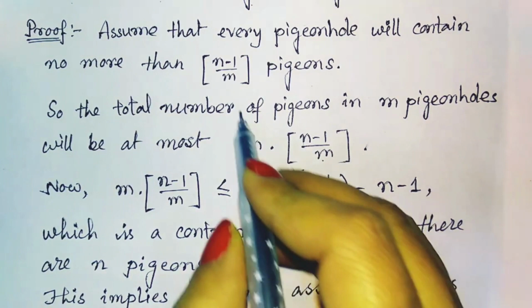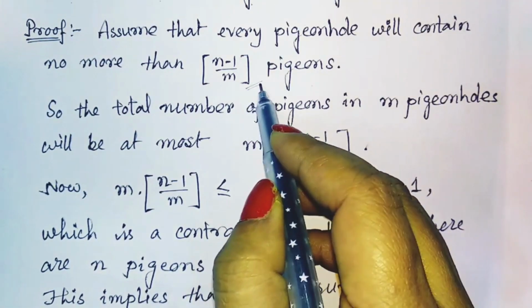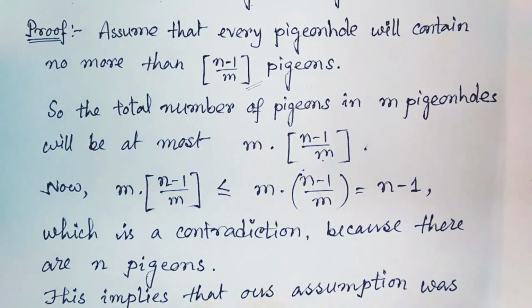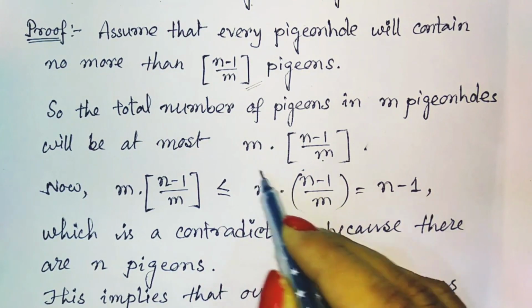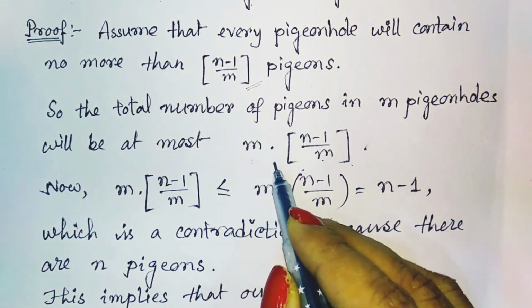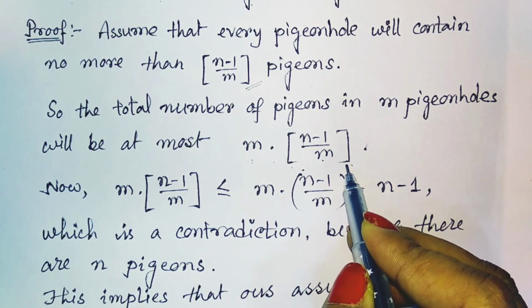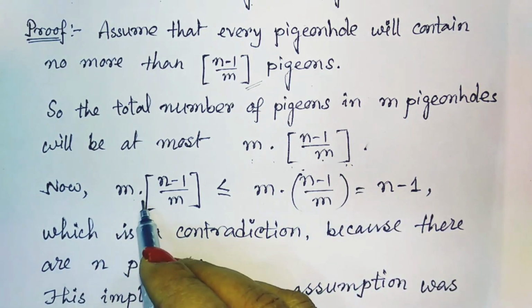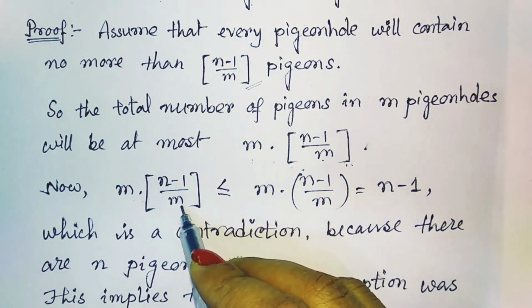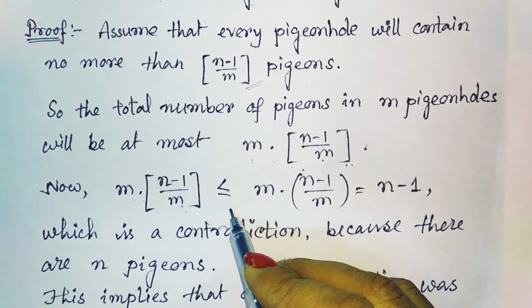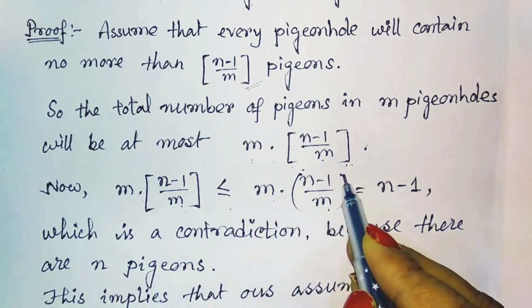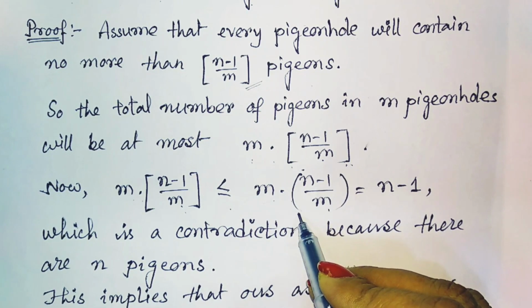This is the number of pigeons for each hole, and since m holes are there, the total number of pigeons should be m into the number of pigeons in each hole. Now m into floor of (n minus 1) by m has to be less than or equal to m into (n minus 1) by m if we just omit the floor function.